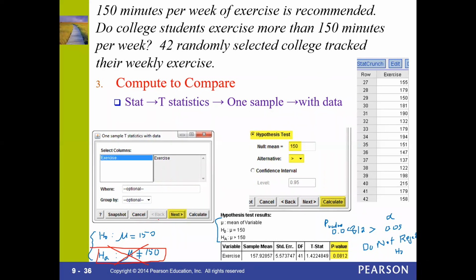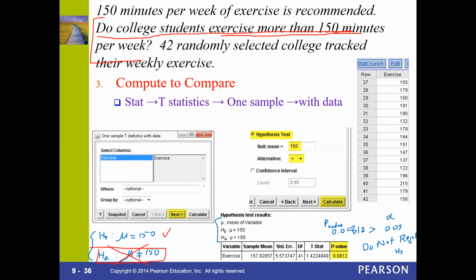If I cross this one out, that means I do not have evidence that a student exercises more than 150 minutes per week. I do have evidence the average is 150, but the question asked me whether a student could do more than that. If I do not reject, it just means this one is good. That means I do not have evidence for that.